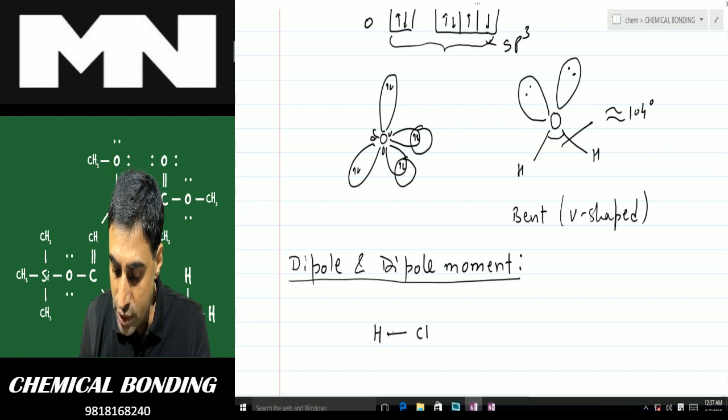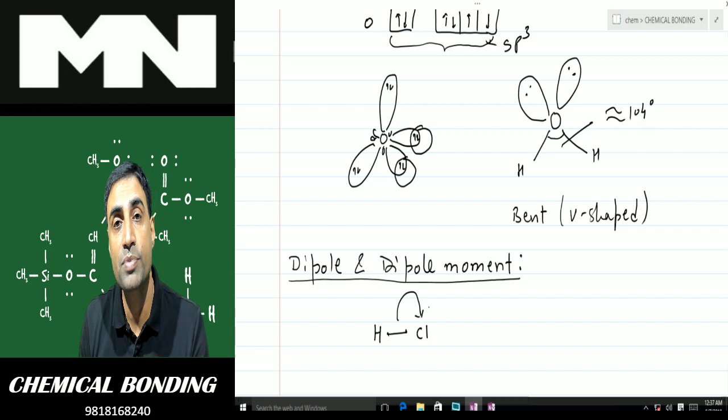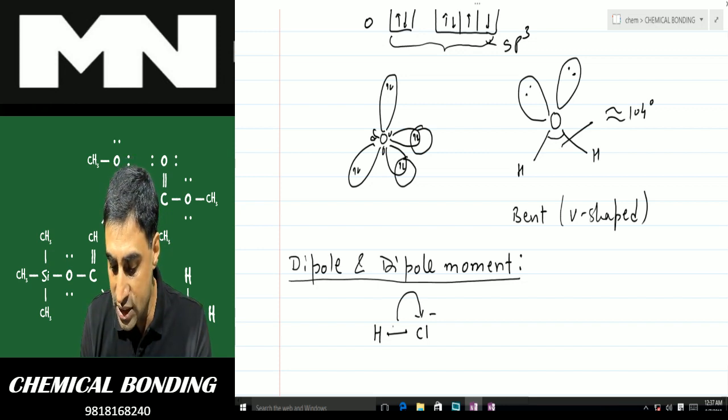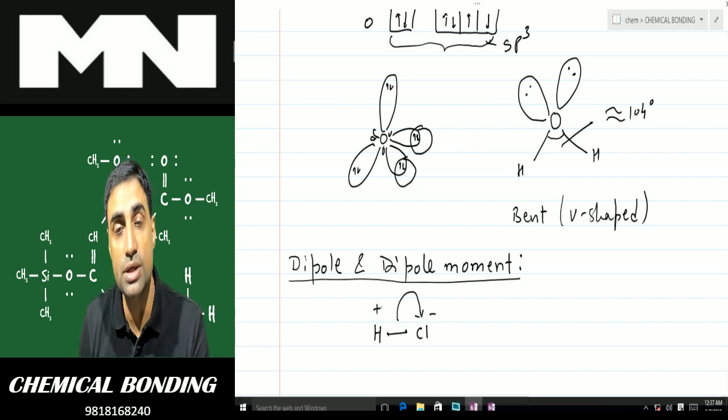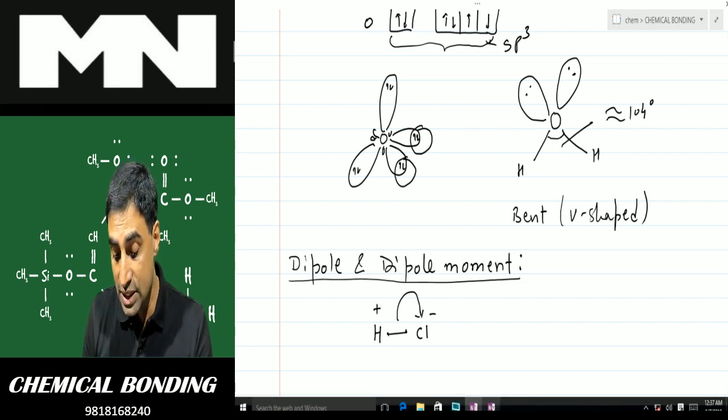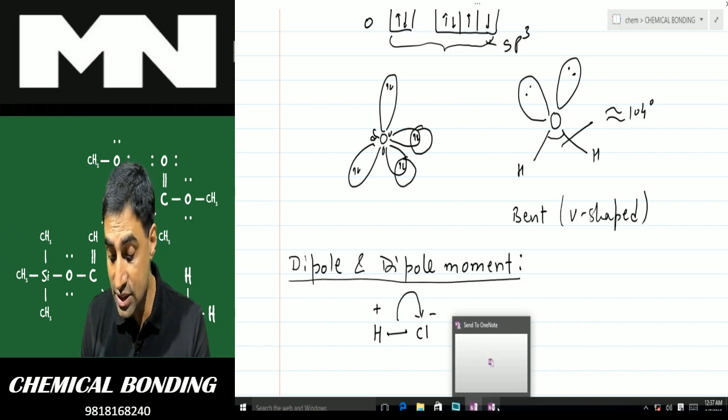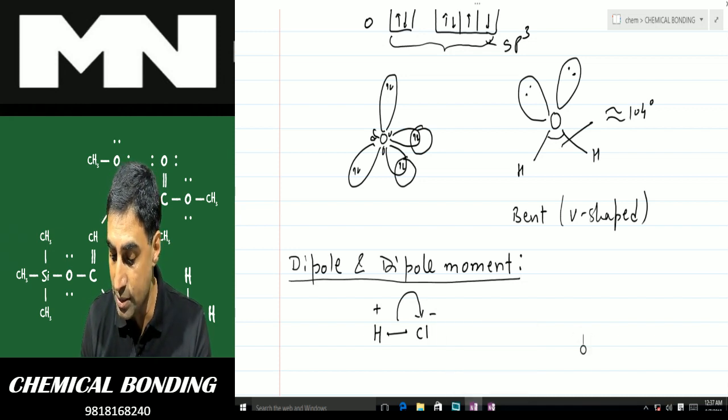Chlorine is more electronegative, so chlorine will attract the bonded pair of electrons toward itself. Chlorine will acquire a negative charge and hydrogen will acquire a positive charge. So in this bond between hydrogen and chlorine, we are getting two poles, a negative pole and a positive pole. This phenomenon is known as dipole, or we can say such a bond is known as a dipole.